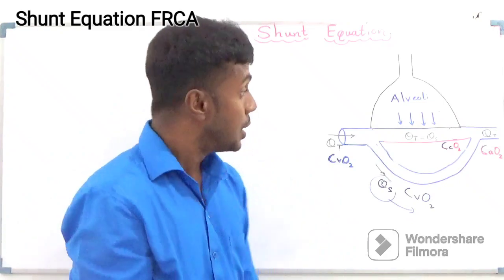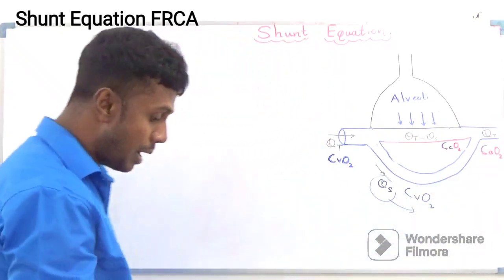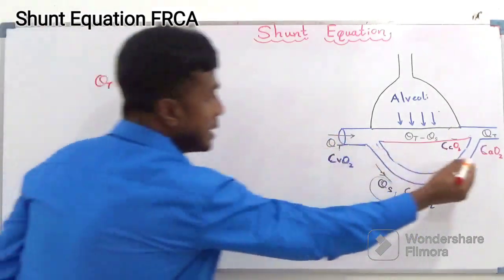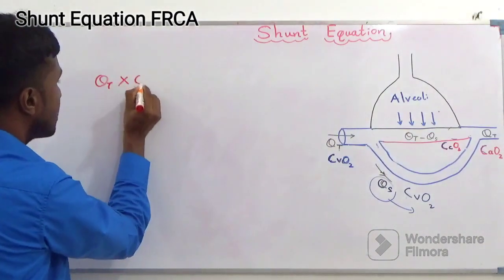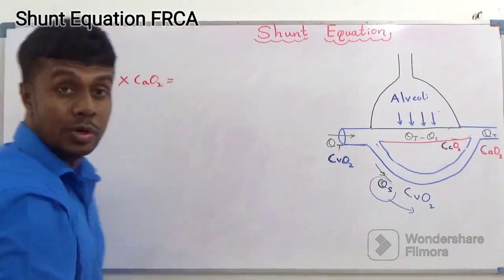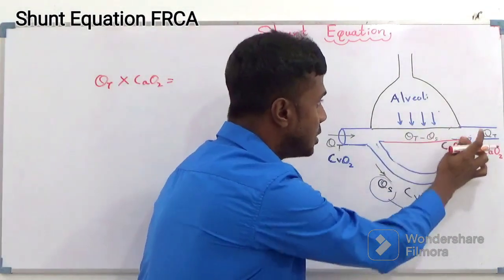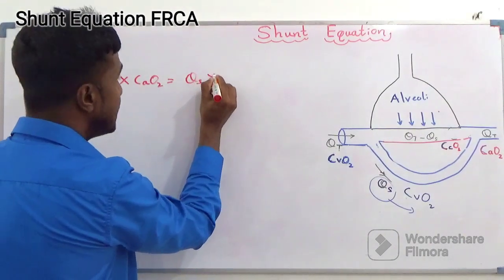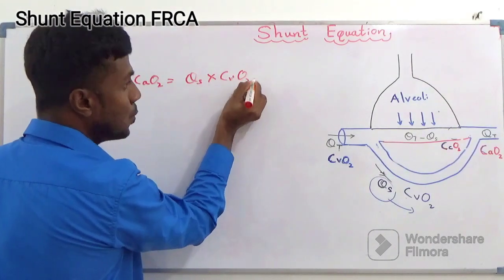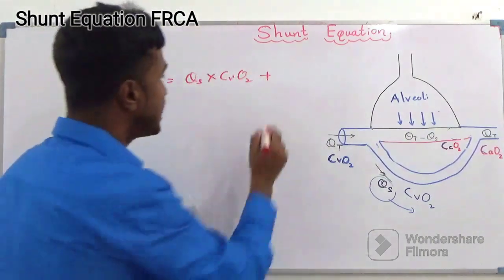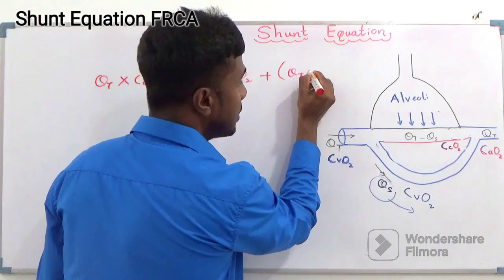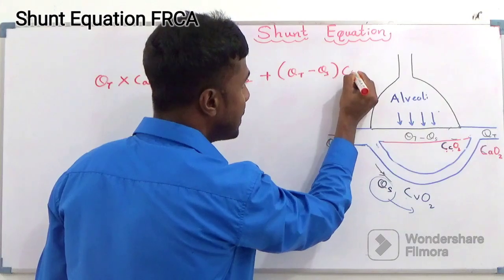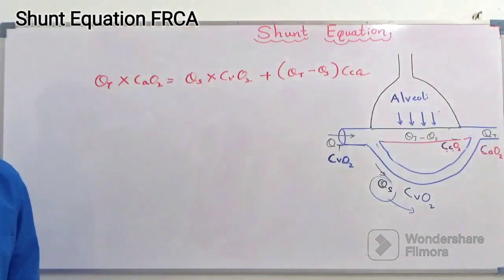So the total oxygen delivered, QT into CaO2, must be equal to QS into CVO2 plus QT minus QS into CCO2, the end capillary oxygen amount.